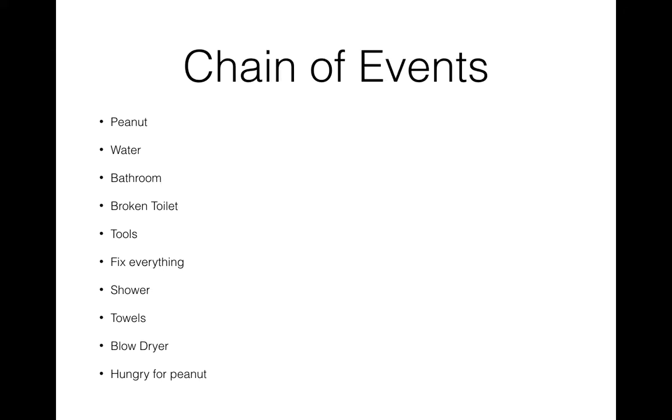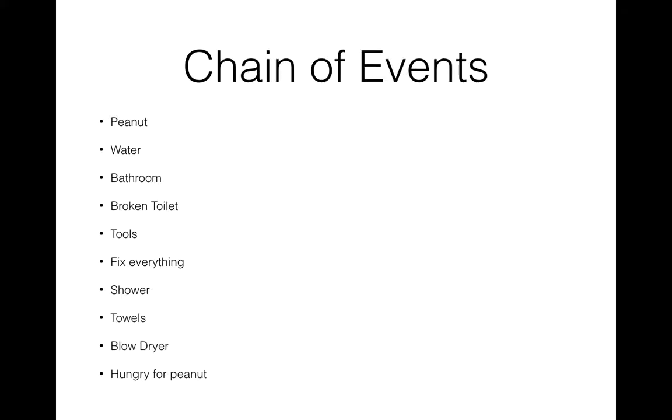So I wrote down here the end, the chain of events. These are just the words that the story took us through. Let's go through them one more time. So first, he wanted a peanut, which made him thirsty for water. Then he had to pee because he drank so much water, but he broke my toilet.